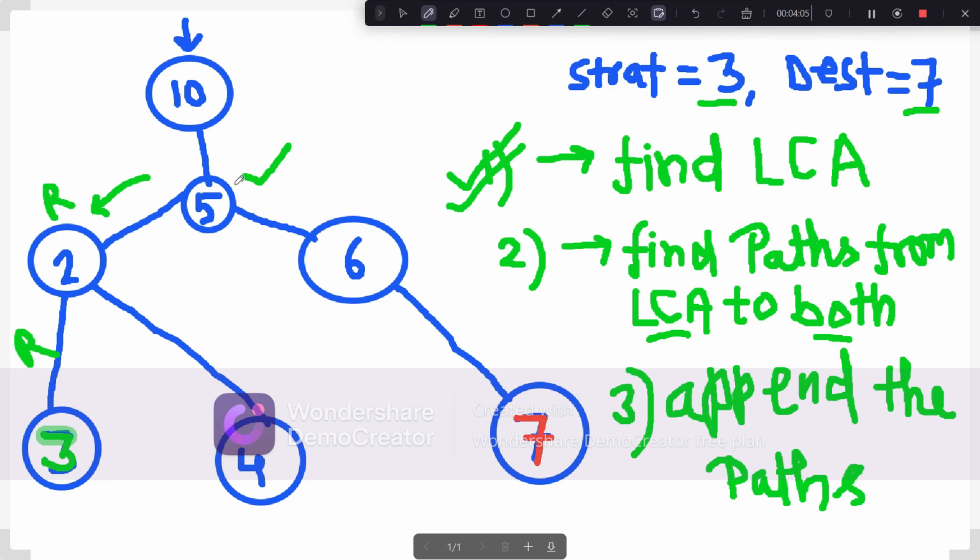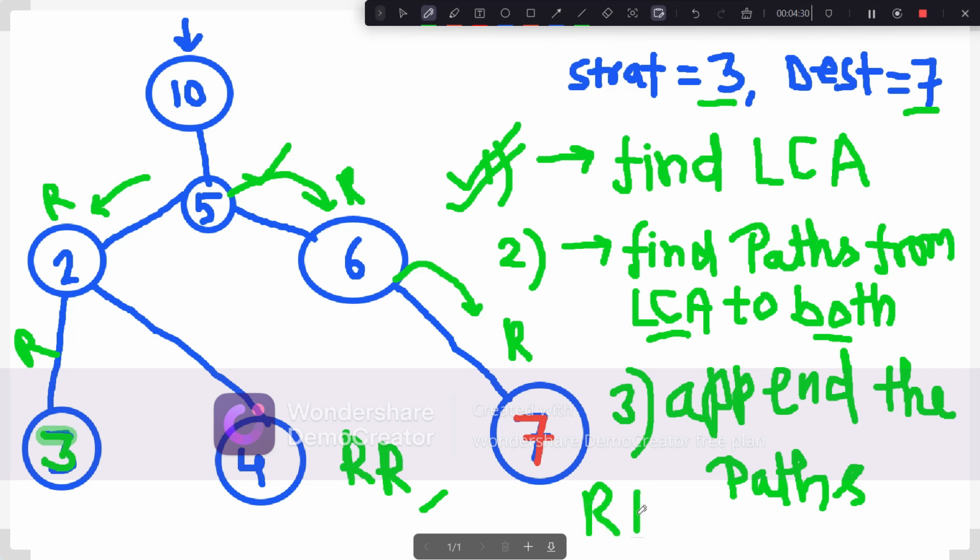So the path from the LCA to start would be RR. Now we have to find the path from the LCA to the destination. This guy is also going to the right side, so another R, and this is also going to the right, so R. So RR and RR.